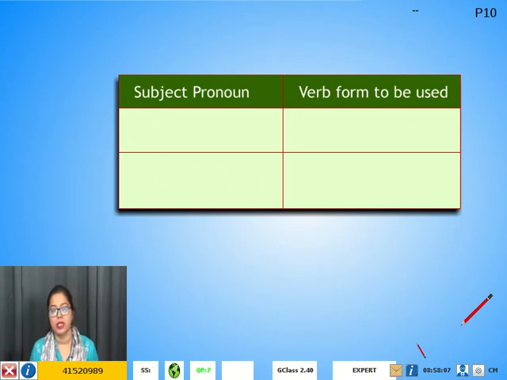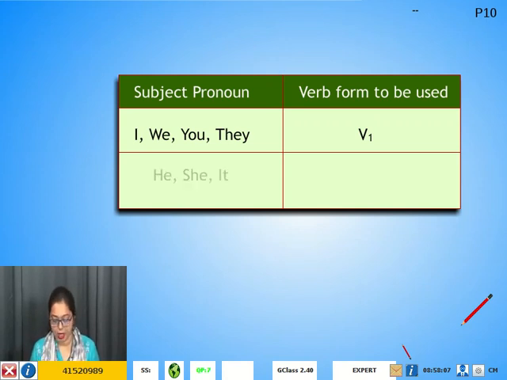In the table, what do you see? There is a subject pronoun and a verb form to be used. What is coming? I, we, you, they. These take the verb in the first form. Next you see he, she, it. What is this? Verb V1 plus S, ES or IES.